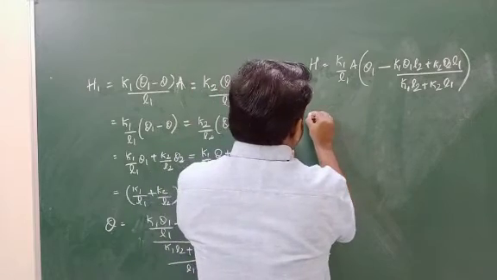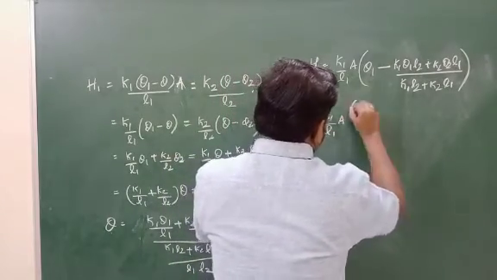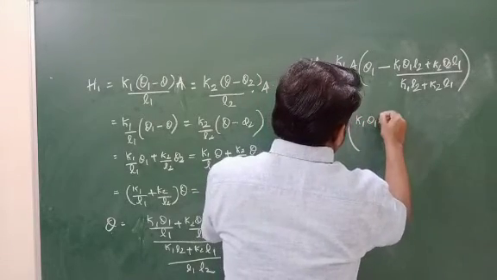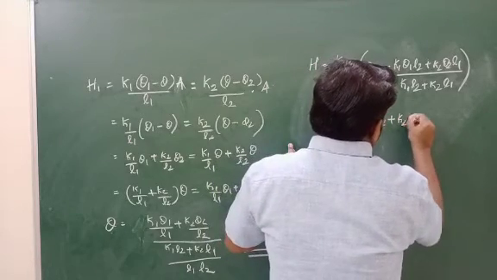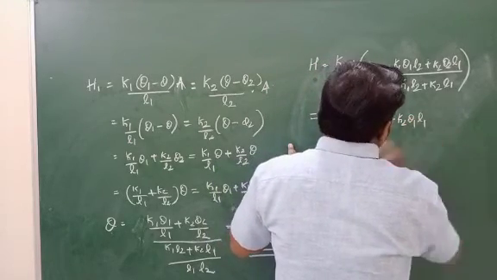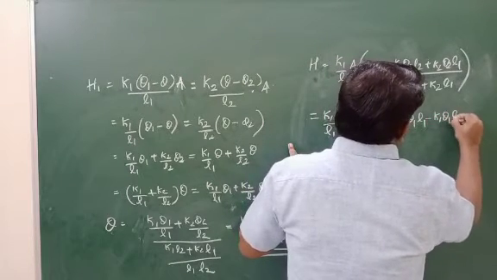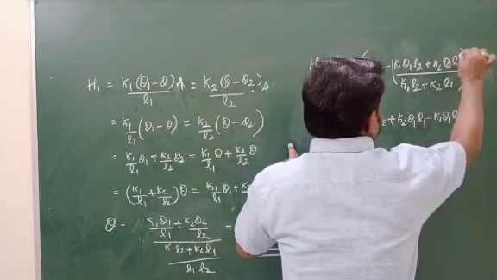When you are taking that, you can take K1 by L1 into A multiplied by K1 theta 1 L2 plus K2 theta 1 L1, minus K1 theta 1 L2 in bracket. This is in bracket, no?